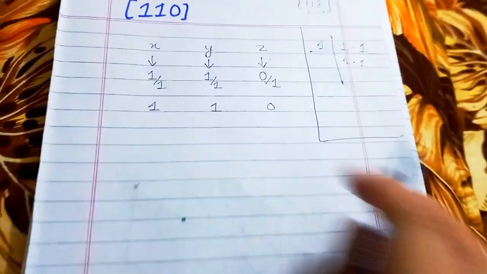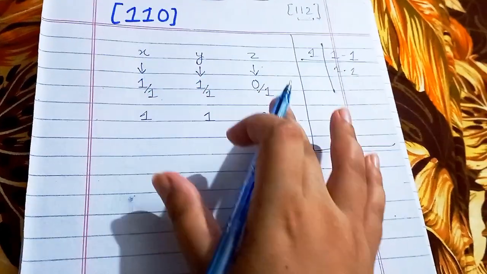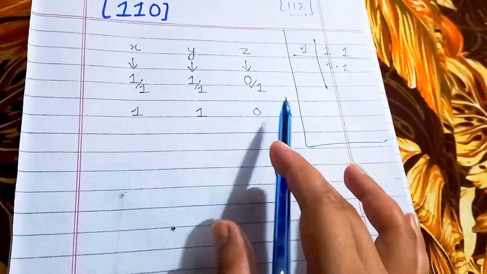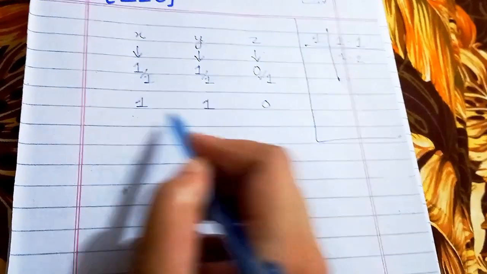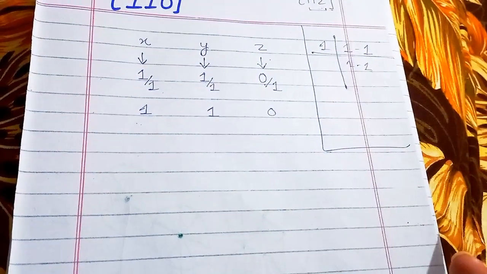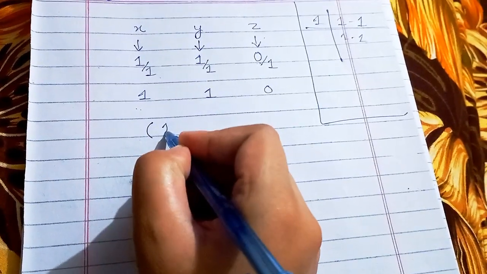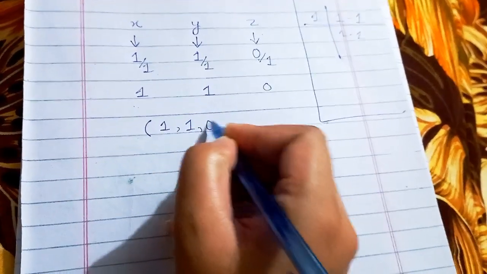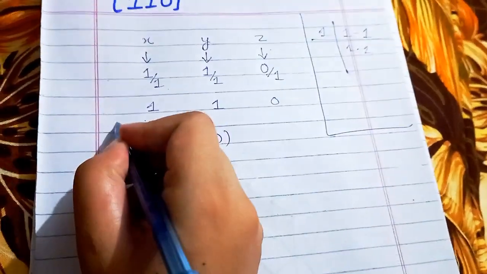Okay, so that's an important step, to divide each of the indices by the LCM of the indices. And after doing this, the numbers we get are the head coordinates of the direction. So we have these head coordinates 1, 1 and 0 corresponding to x, y and z. These are the head coordinates of the direction.